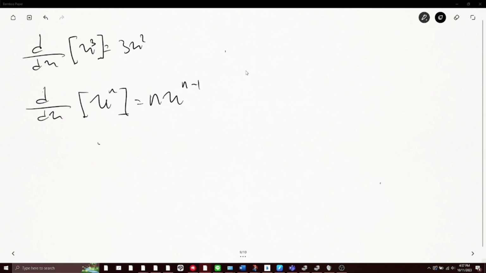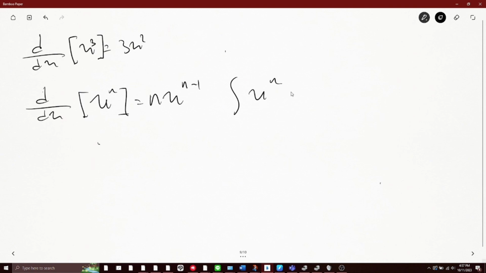Now for the antiderivative, it is going to be a bit different: the integral of x to the n dx is equal to x to the n plus 1 over n plus 1, plus c. Again, this is just the opposite of what the derivative is doing, right? So let's take this and try to put it into an antiderivative.